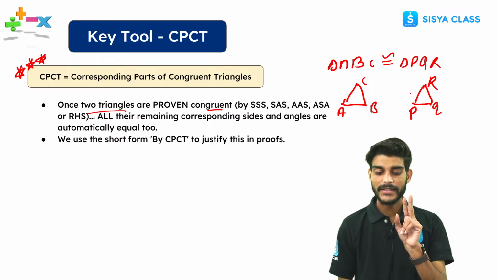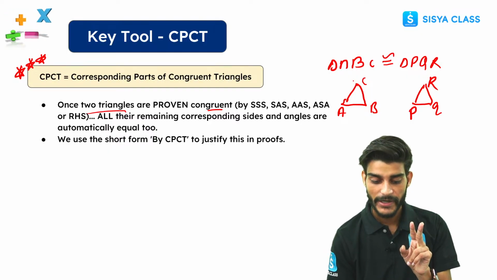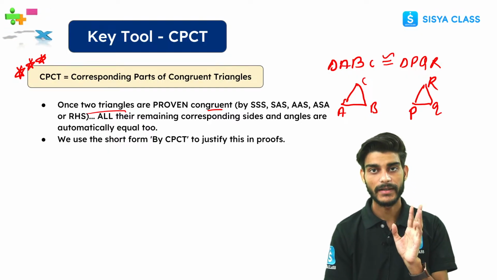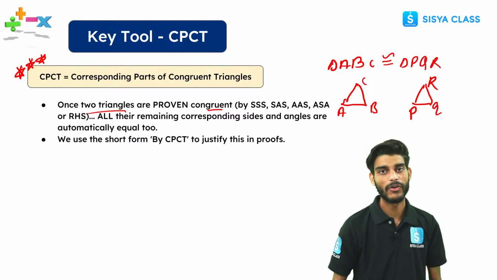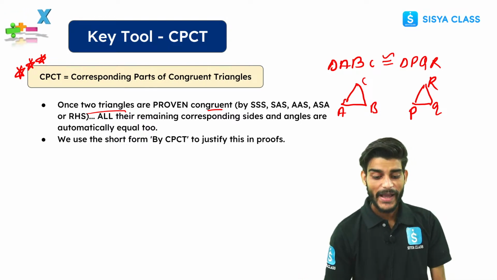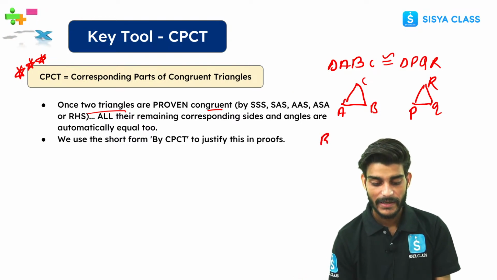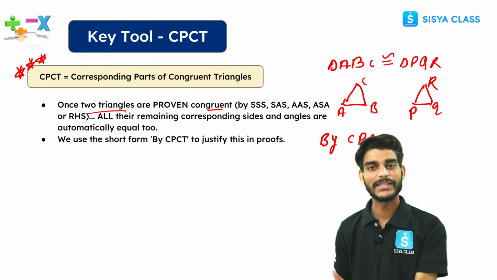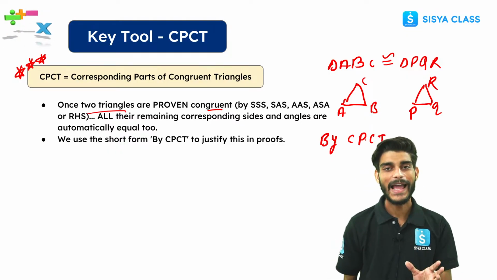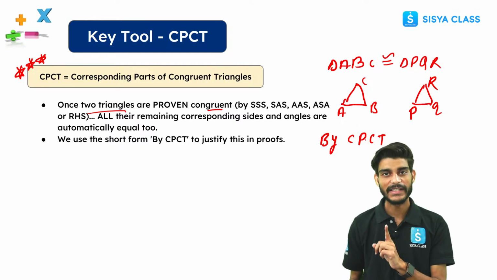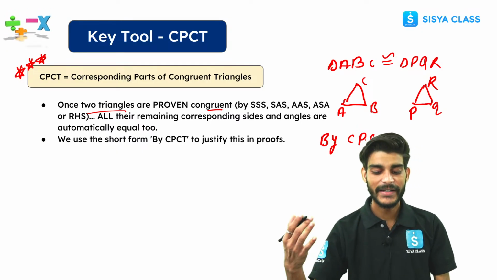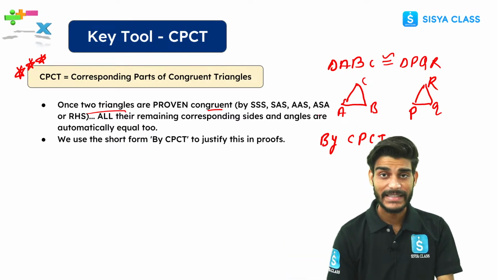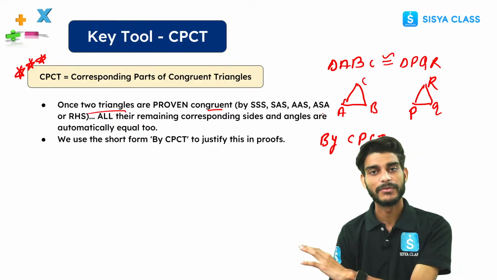Right? So if these two triangles are congruent, then by CPCT, what I told you, the definition of congruent means they have the same shape and the same size. Same shape is possible, and same size when their sides are equal, right?